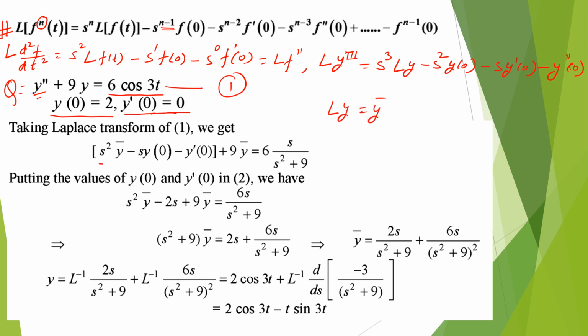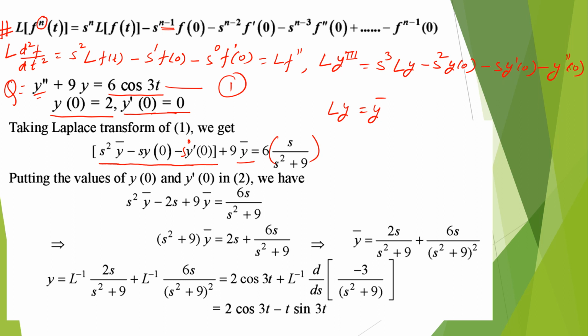So s square Laplace of y minus s y0 minus y dash 0, because s to the power 0 is over here, and Laplace of 9y is 9 Laplace of y, and 6 is same. The Laplace of cos 3t is s upon s square plus 9.